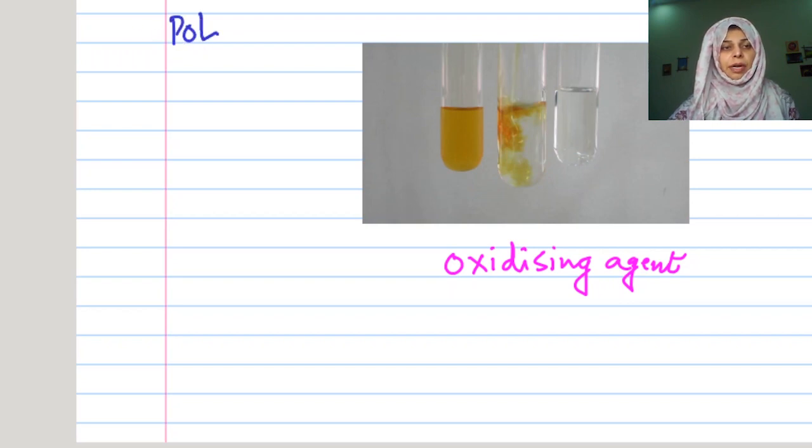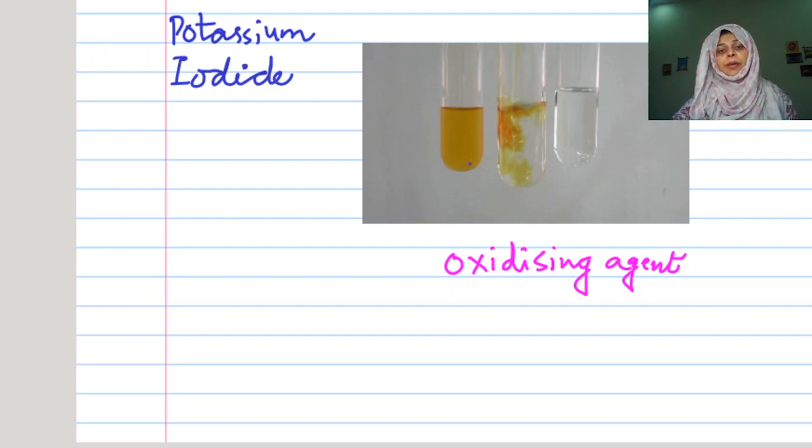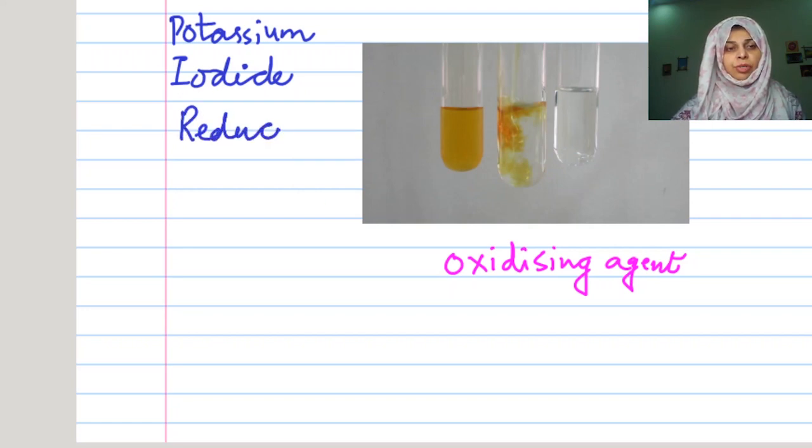Potassium iodide is the reducing agent. So the reducing agent potassium iodide is used to test for the presence of an oxidizing agent.